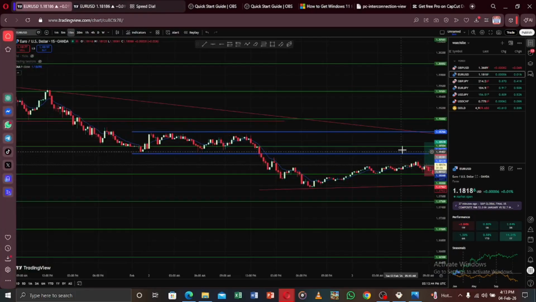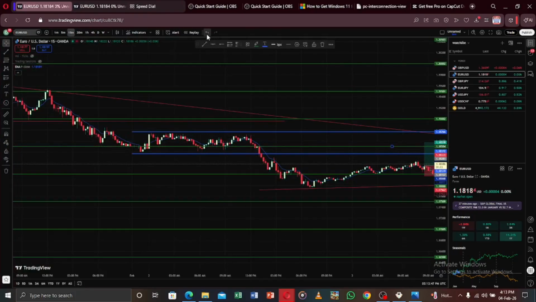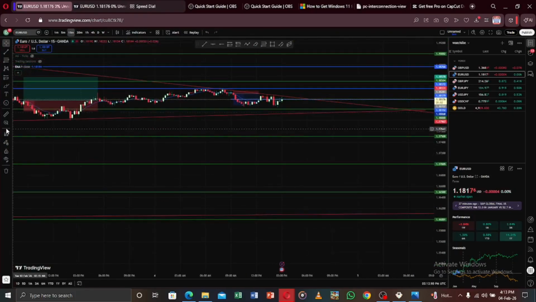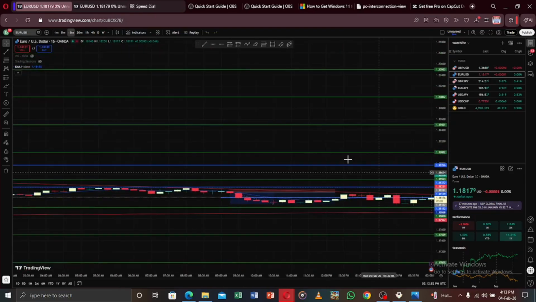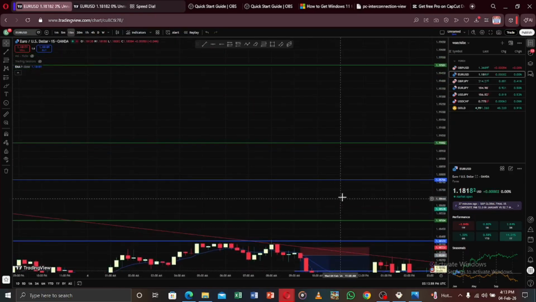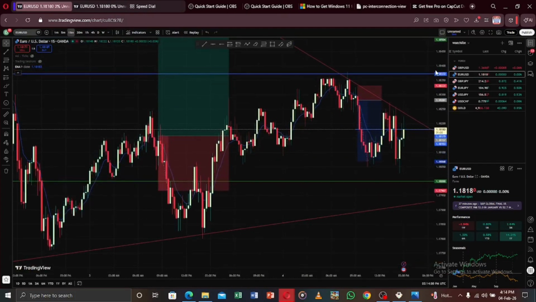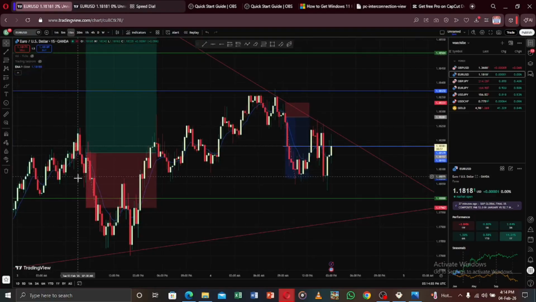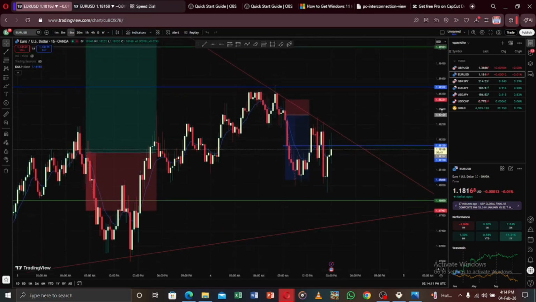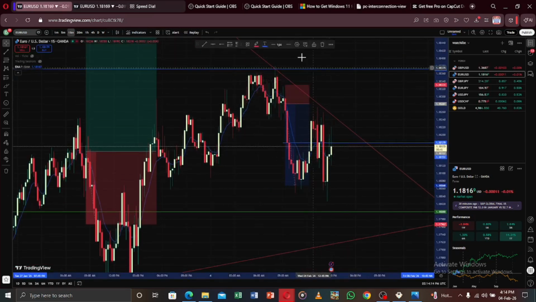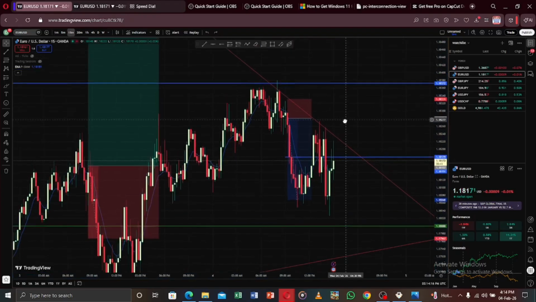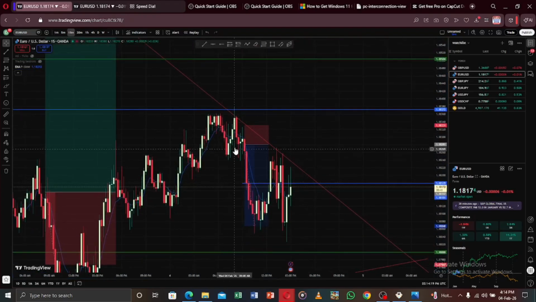As you can see, price came up, touched our resistance level, and then started to reject downward. Why do I keep moving this? So price came up, touched the level, and started going down. That's when I took the trade.